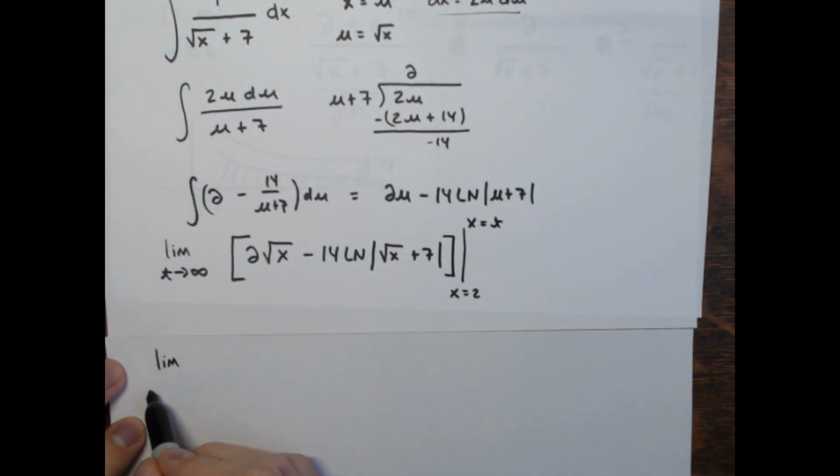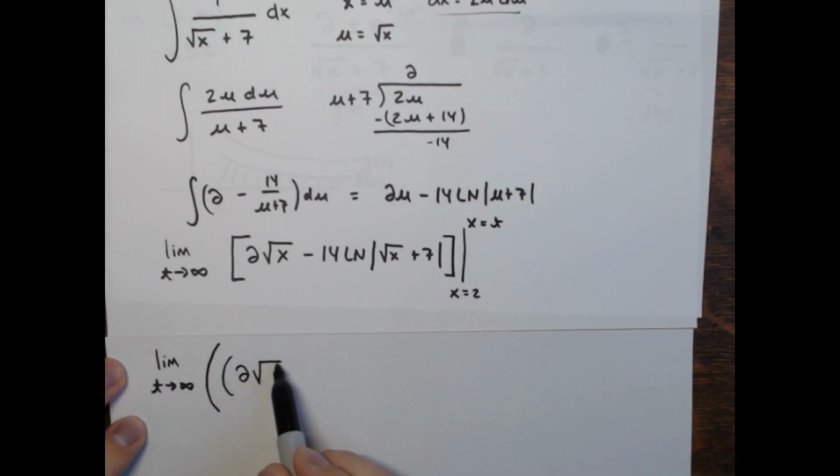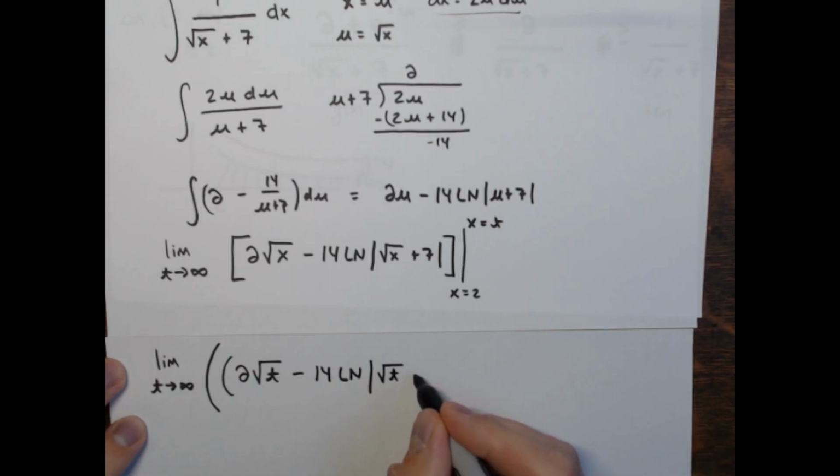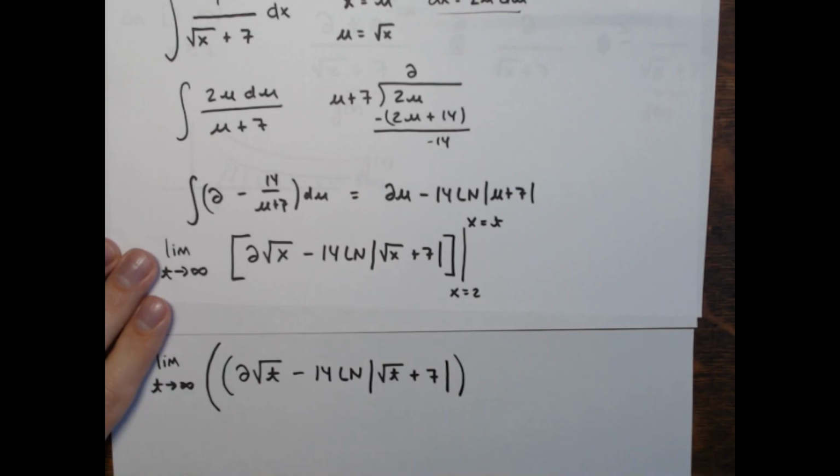We have the limit as t approaches infinity of 2 times the square root of t minus 14 times the natural log of the square root of t plus 7, that's when x equals t, and then minus, when x equals 2, 2 times the square root of 2 minus 14 times the natural log of the square root of 2 plus 7. That doesn't need absolute values, since that's a positive number.